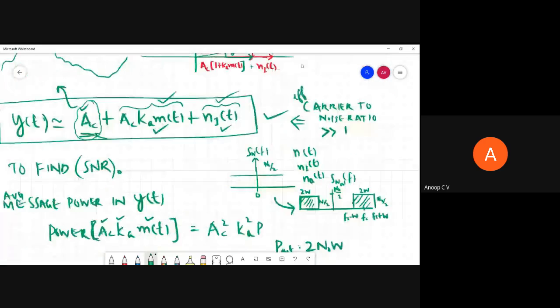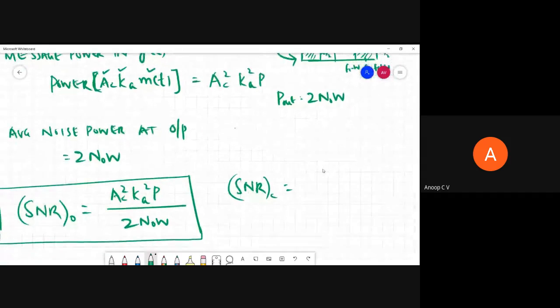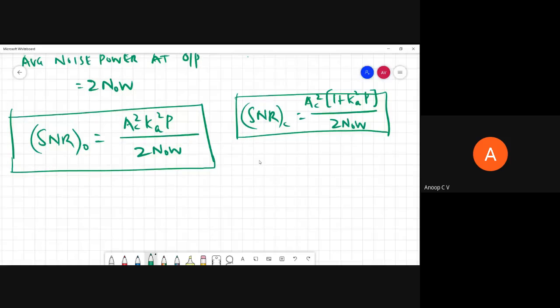So I'll once again take it down here. Channel SNR is Ac square (1 plus Ka square P) divided by 2 N naught W. So this is the channel SNR, and what we have on the left hand side is the output SNR.